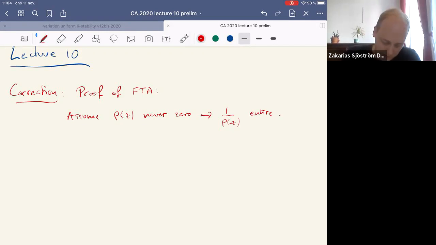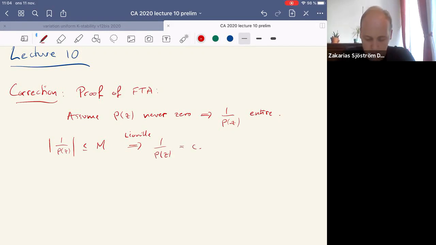Then we wanted to conclude that the absolute value of this entire function was bounded, and then by Liouville, 1 over P is constant, and hence P is constant, which was a contradiction.